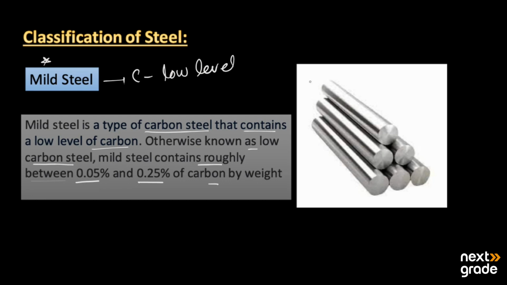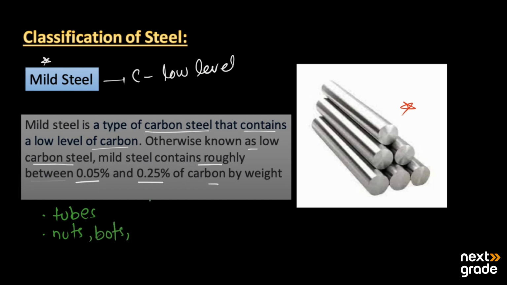So here we have the picture of the mild steel that is used as a structural material for different purposes at commercial as well as domestic levels. This mild steel is used for making tubes and different types of nuts and bolts.